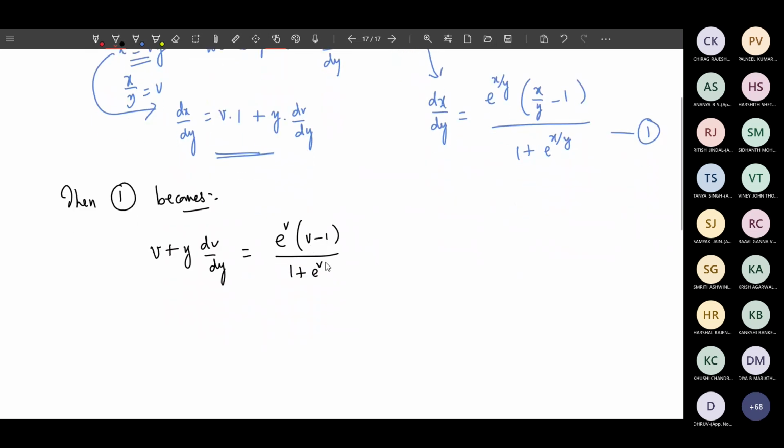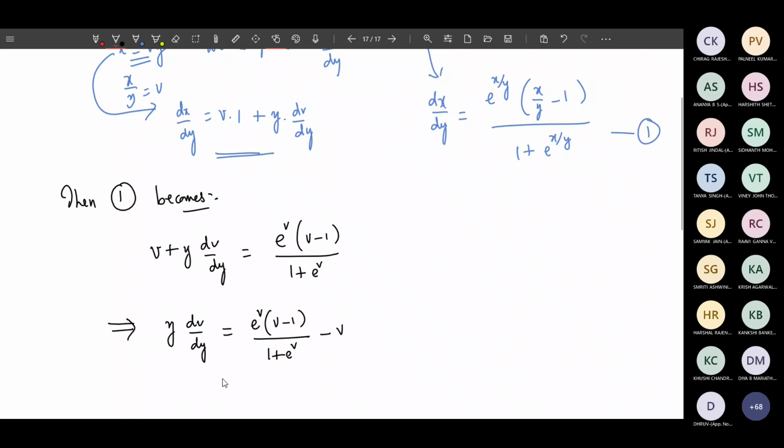Now, simplification: y times dv by dy equal to e to the power of v into v minus 1, over 1 plus e power v, minus v.